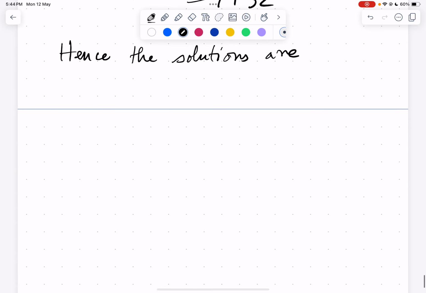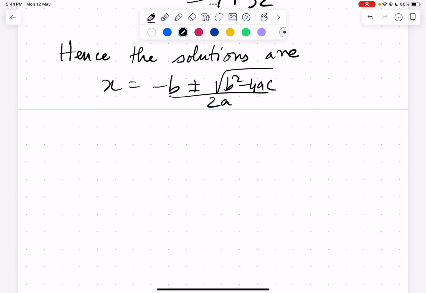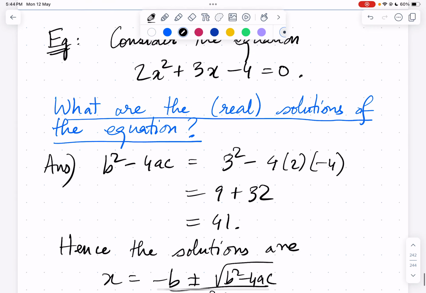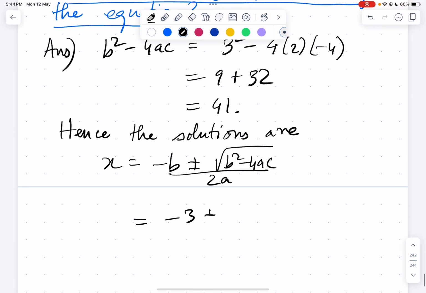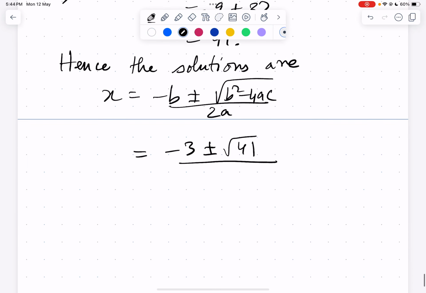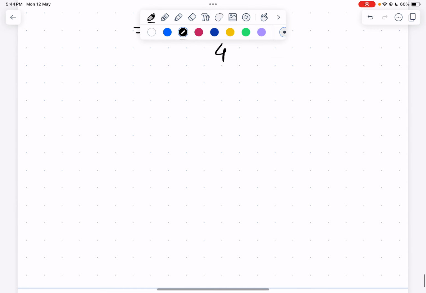Hence, the solutions are x equals minus b plus or minus root b square minus 4ac by 2a, right? So this is minus 3 plus or minus root 41 by 2 times a, which is 4. So these are the solutions.